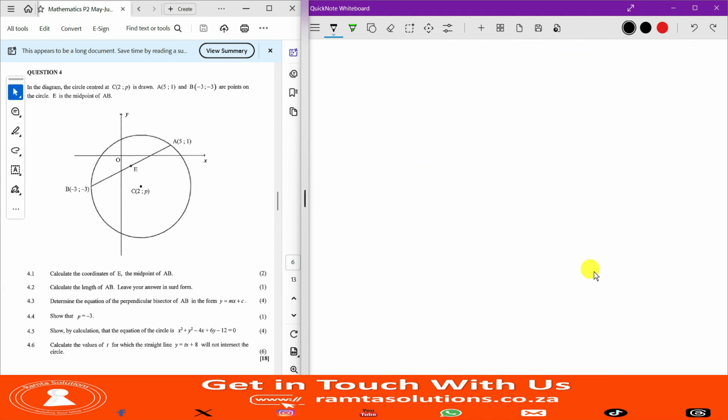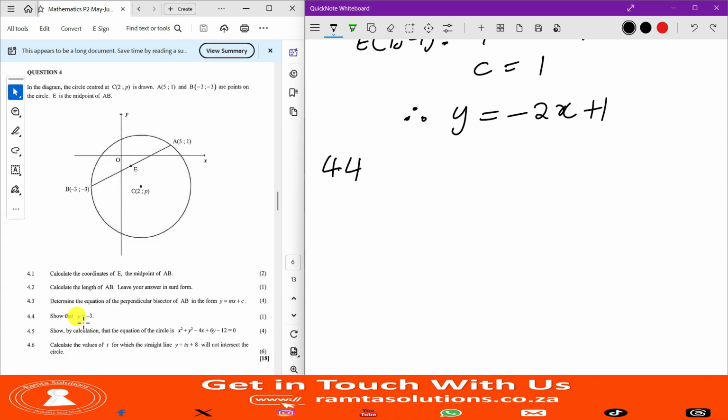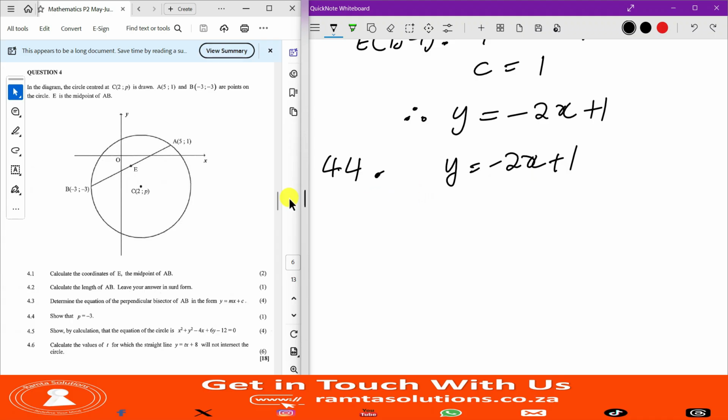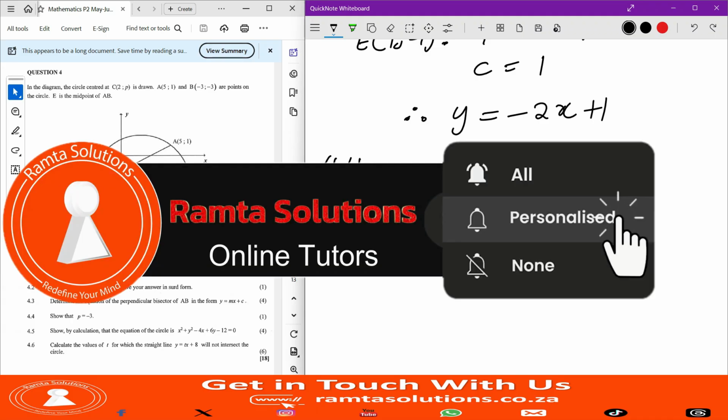Now, 4.4, show that p is equal to negative 3. We already know the equation of the line EC, so it's easy for us. The equation is y equals minus 2x plus 1. The point we have here is point C with coordinates 2 and p.